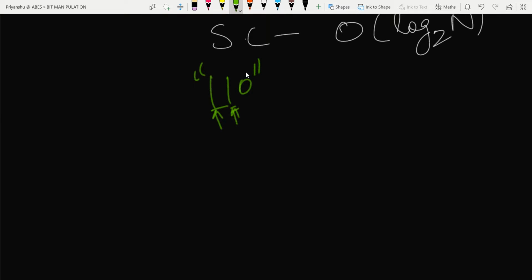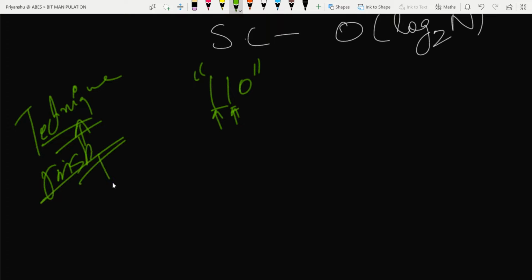So the technique we're going to apply is to find the rightmost set bit. What is the rightmost set bit? It is the rightmost one bit, the one bit from the right hand side.